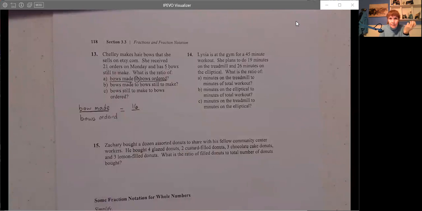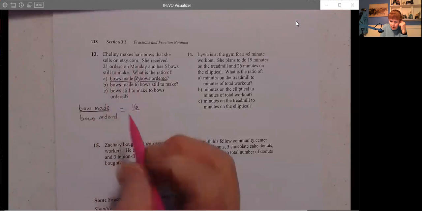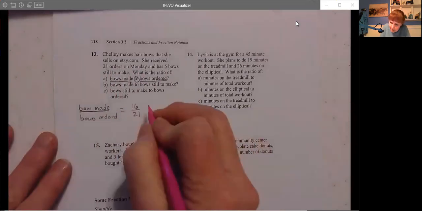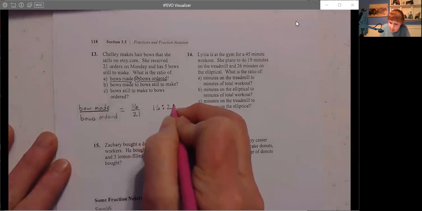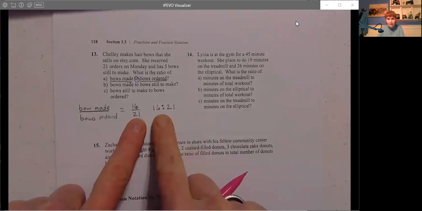Bows ordered? Well, that's straightforward, 21. So the answer to A is 16 over 21. Since it's a ratio, this can also be written 16 to 21. Those statements mean the exact same thing.